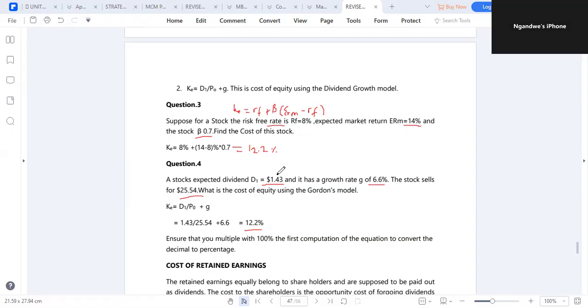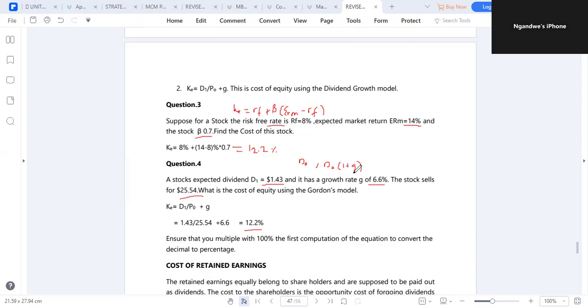Now, we learned in our previous class that sometimes if you're given D0, you can use this to calculate our D1. Our D1 is equal to what? D0 times 1 plus growth. So in this case, if we're given D0 as 1 point something, you put it here, times 1 plus growth, the growth rate is 6.6%.